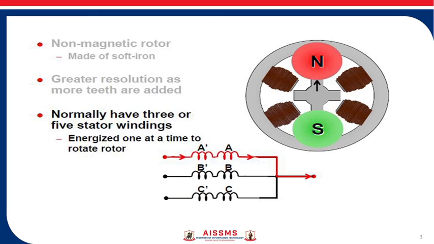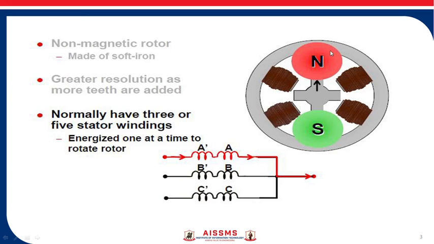by exciting each phase. When phase A dash is excited by closing the switch connected to this phase, the stator magnetic axis forms along the poles formed due to the A dash phase in a vertical direction.